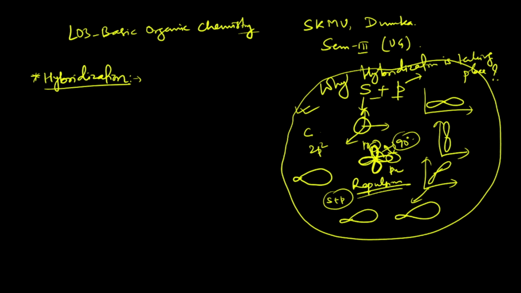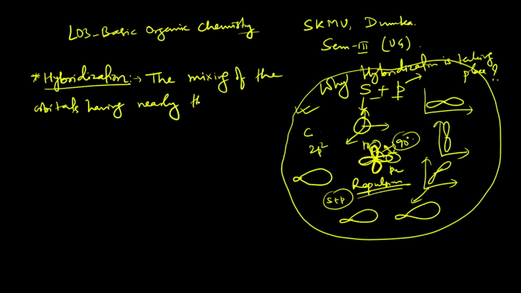Hybridization is the mixing of s and p. We know that, and the redistribution of energy, and it should be between orbitals of similar energy. Correct. So we'll write it, because you require notes also. The mixing of orbitals having nearly the same energies.